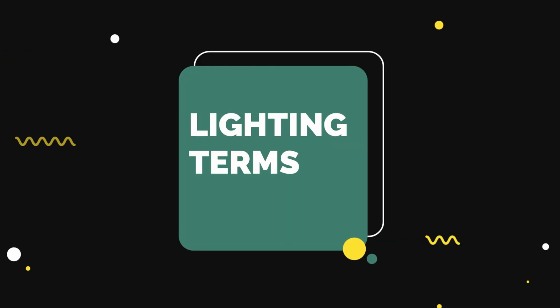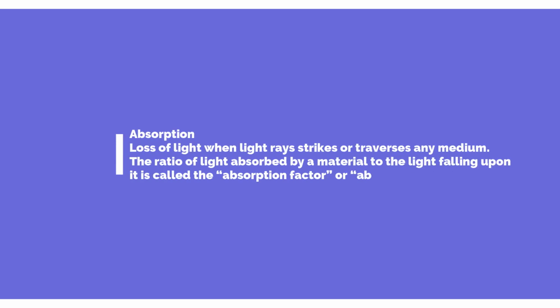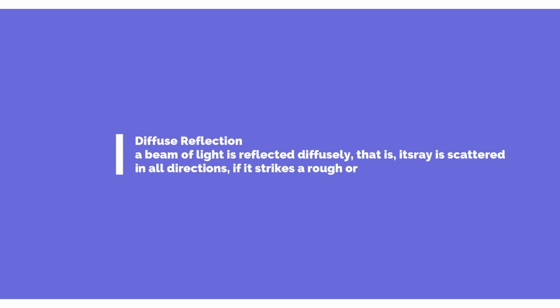For lighting terms, absorption: loss of light when light rays strike or traverse any medium. The ratio of light absorbed by a material to the light falling upon it is called the absorption factor or absorptance. Diffuse reflection: a beam of light is reflected diffusely, that is, its ray is scattered in all directions, if it strikes a rough or matte surface.